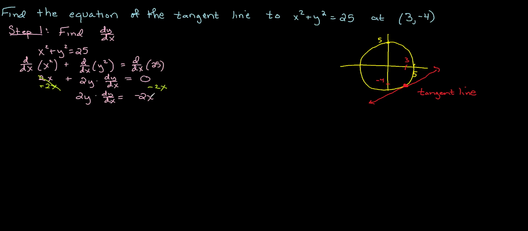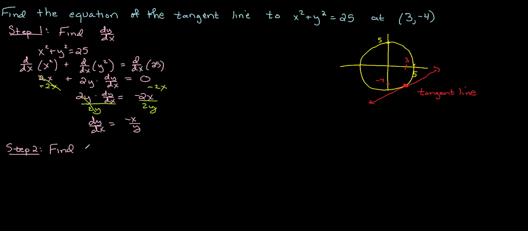To solve for dy/dx, I want to undo that multiplication, so I'm going to divide by 2y on both sides. And I'm left with dy/dx equals negative x over y. And that's my derivative.